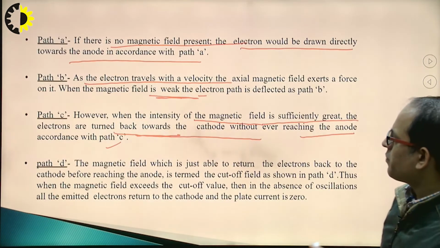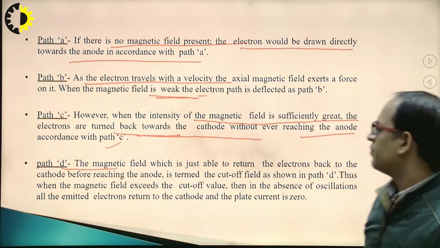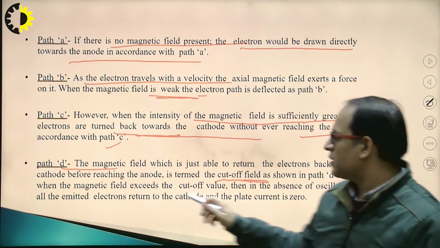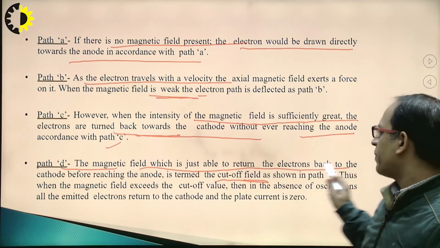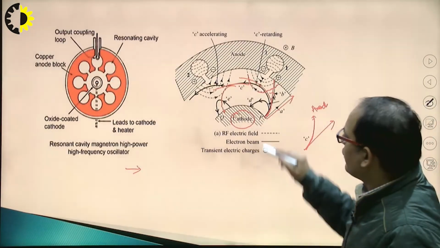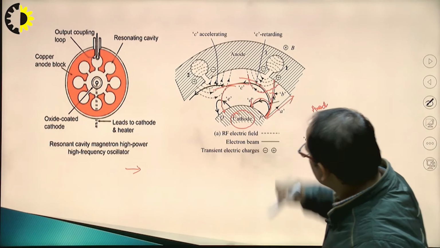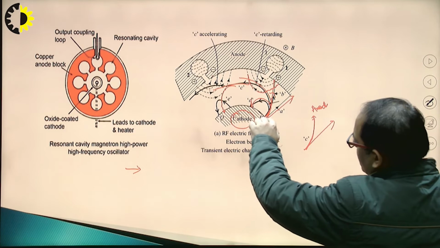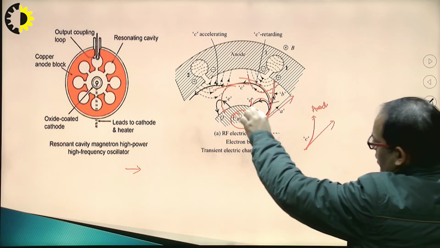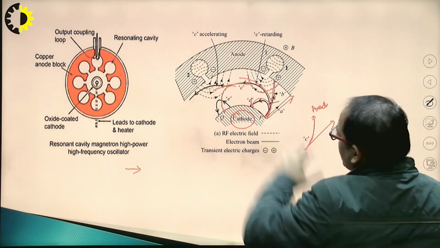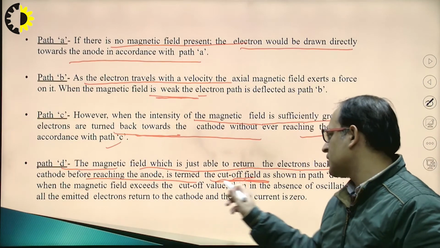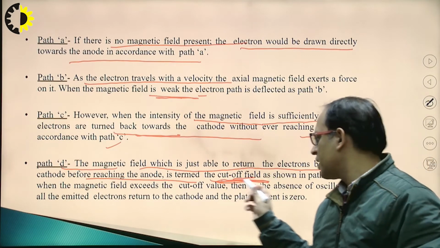Now if the magnetic field is just such that the electron is just returned back to the cathode before reaching the anode, it is termed as the cutoff field. Meaning the electron emitted from the cathode arrives just back at the cathode without ever reaching the anode. The magnitude of this applied magnetic field is known as the cutoff magnetic field.